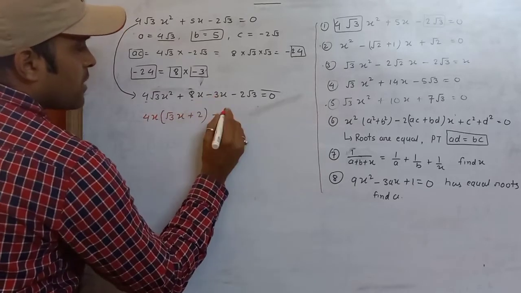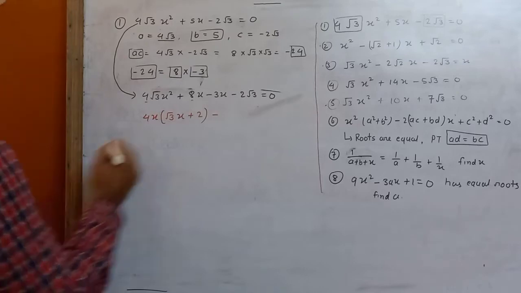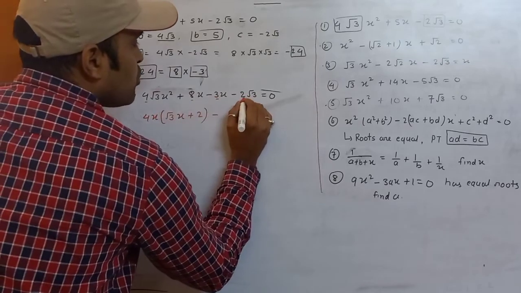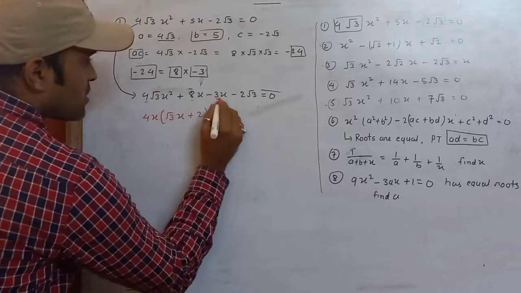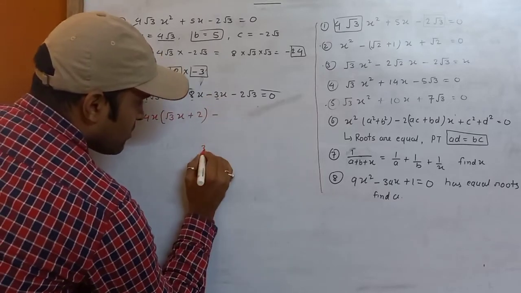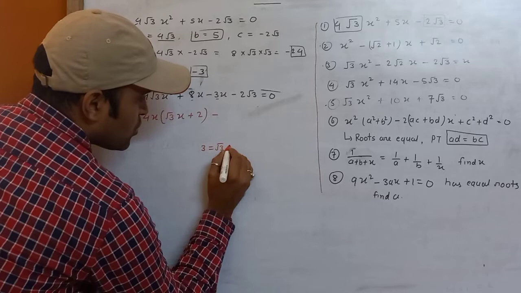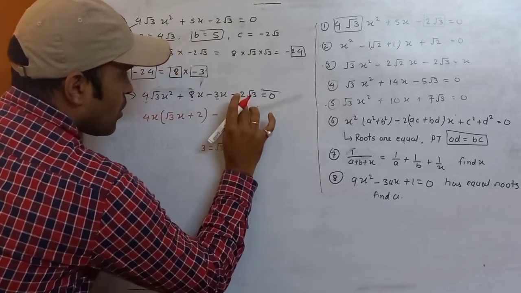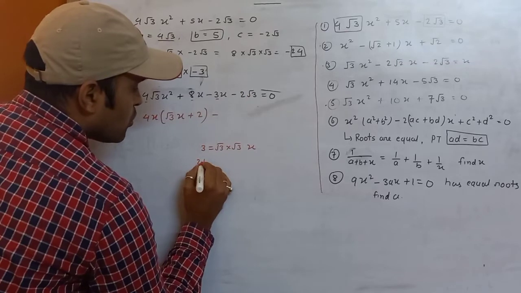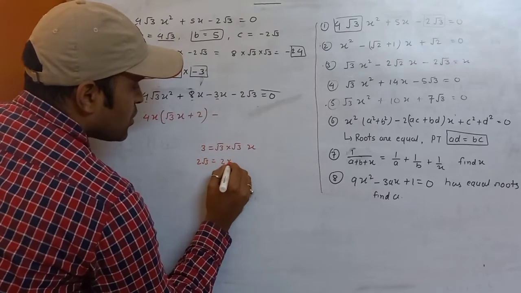Now from 3 and 2 root 3, what can we get as common? I will explain it here: 3 can be written as root 3 into root 3, and there is an x. Now 2 root 3 can be written as 2 into root 3.